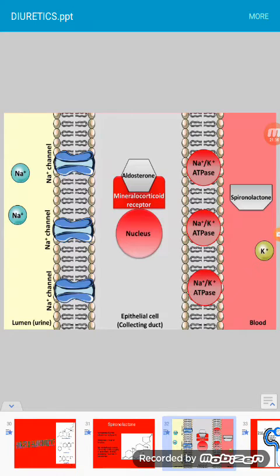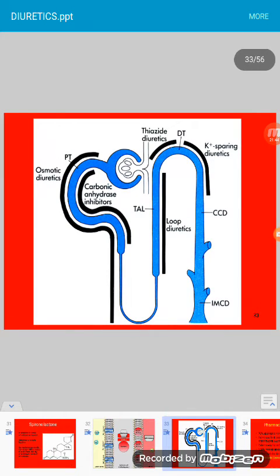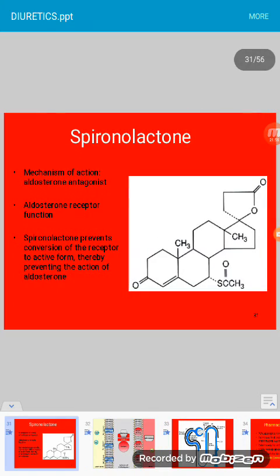So this sodium potassium ATPase activity is inhibited, so potassium is not excreted. What is the mechanism of action of this potassium sparing diuretic? It is your spironolactone.